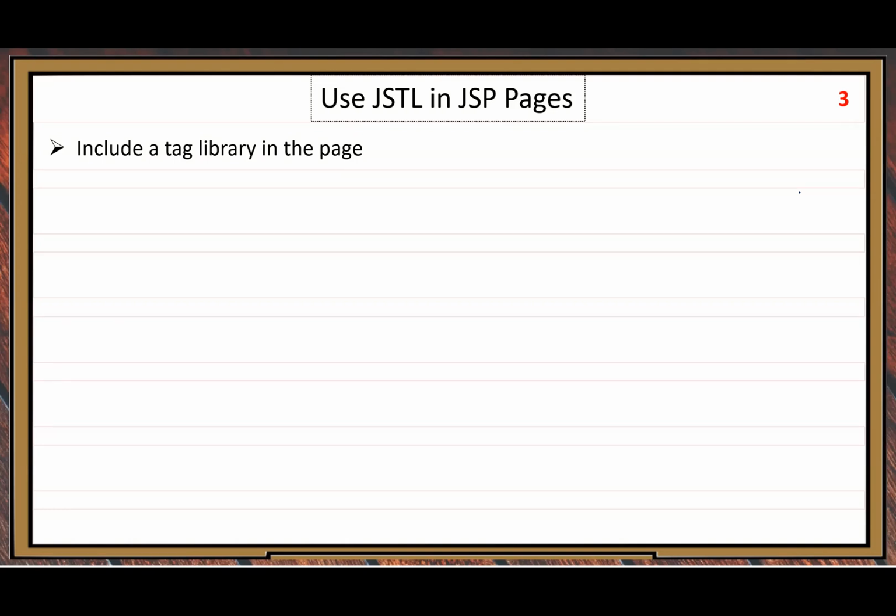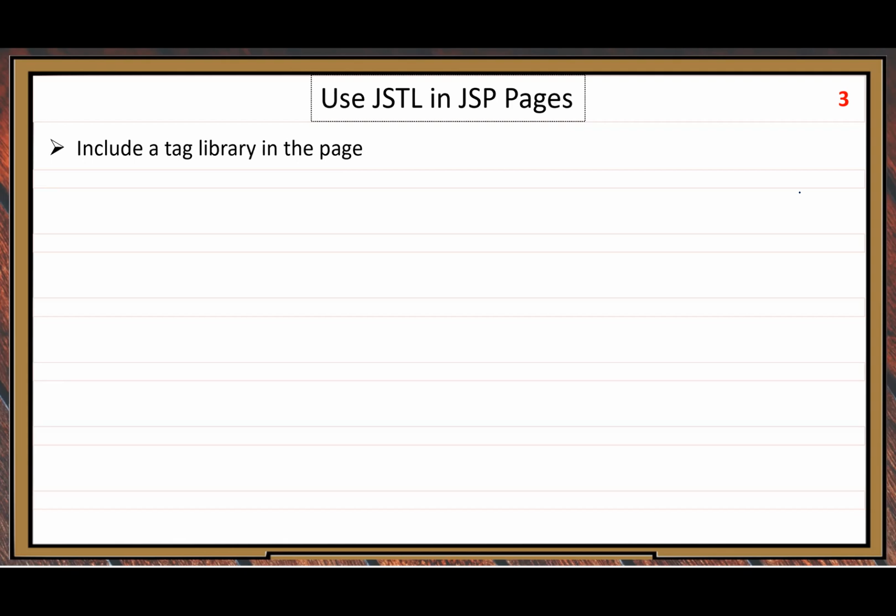If the current JSP page needs to use this technology, you need to include it. Just like Java import. When you need to use a special Java class, you need to import first. Here, we need to include first. Otherwise, it's not available.